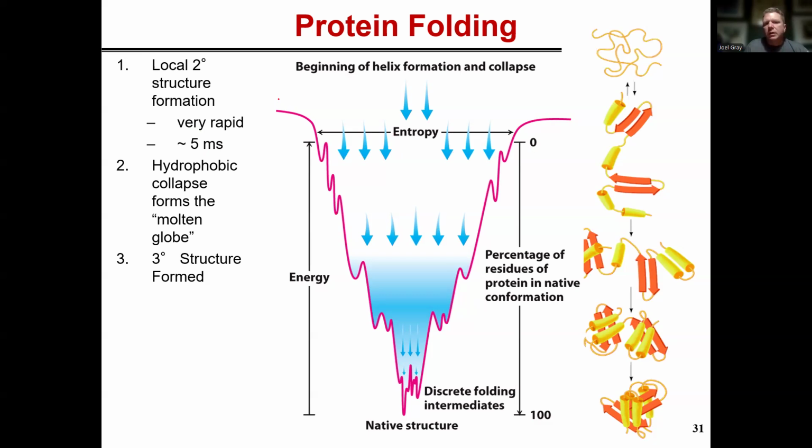I think that if we look at this model and we say, okay, where X and Y are, those are two fully unfolded denatured proteins. They are both going to end up right here at position Z. How are they going to get there?